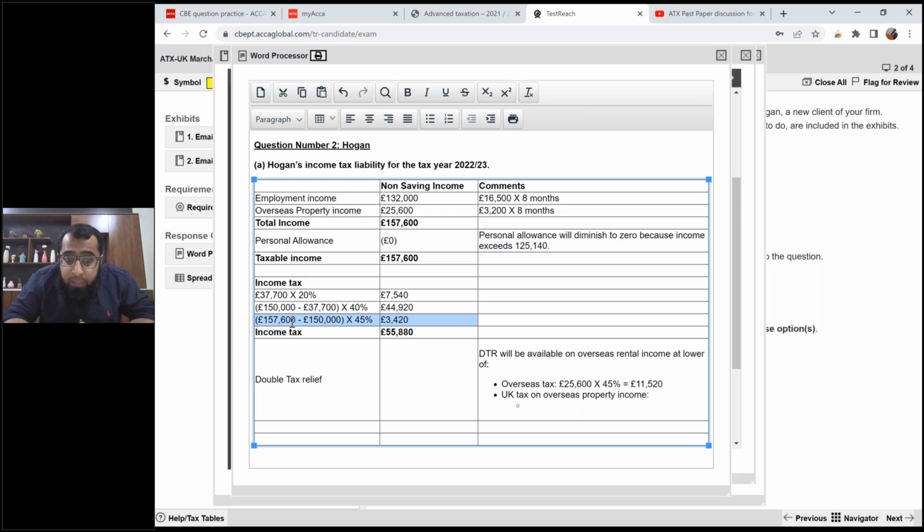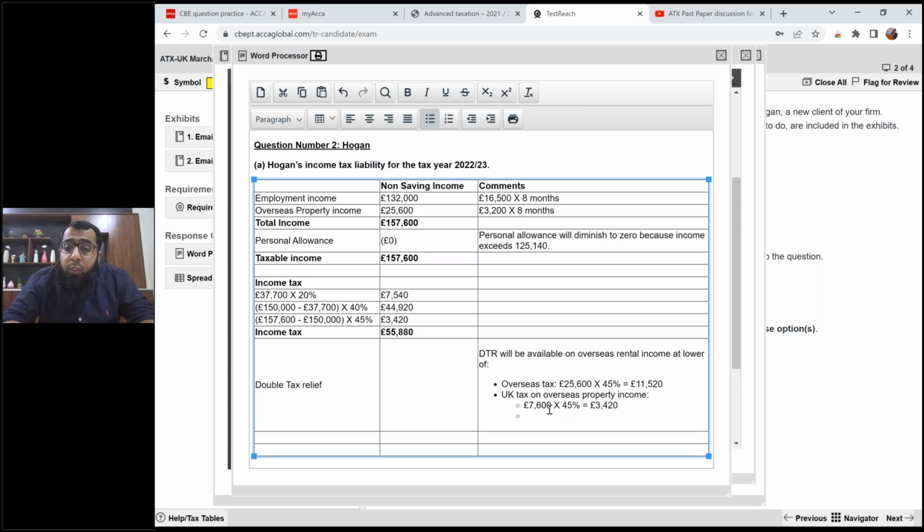On 7,600, the tax is 45%, which is 3,420 pounds. The rest of the amount, what is the rest of the amount? 25,600 minus 7,600. The rest of the amount will go into the second bag.